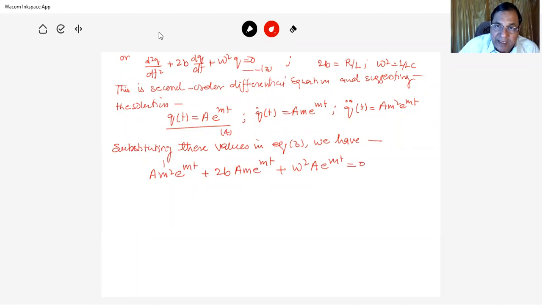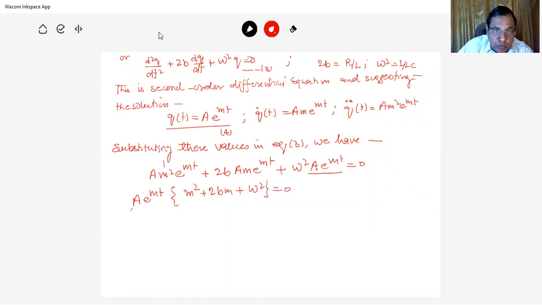So here a e raised to the power mt is common. So we take a e raised to the power mt from the expression. So this will be m square plus 2bm plus omega square is equal to 0.